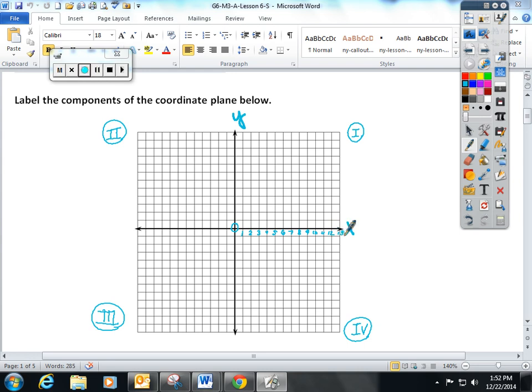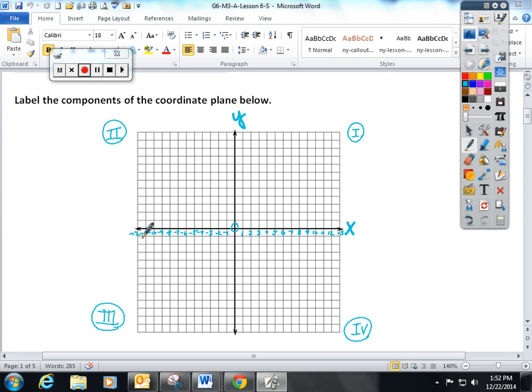Now we're going to count down from 0. 1 space down, -1, -2, -3, -4. Notice how I'm putting the number right on the line, -5, -6, -7, -8, -9, -10, -11, -12.